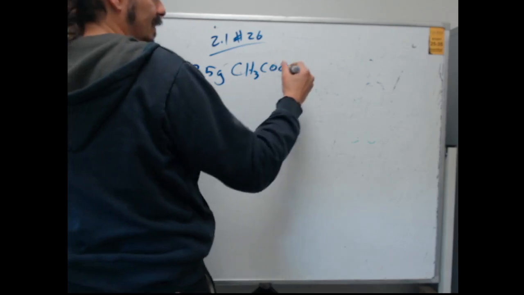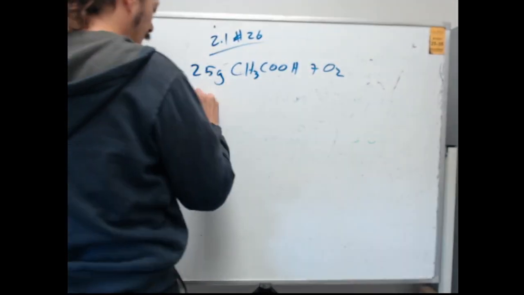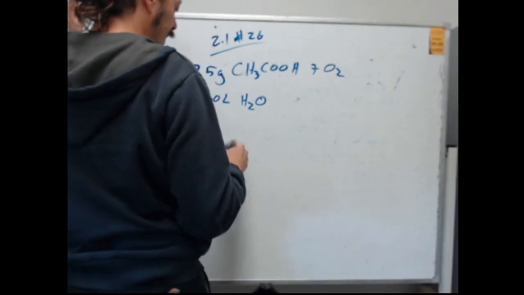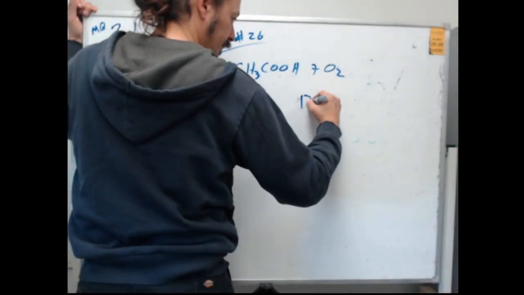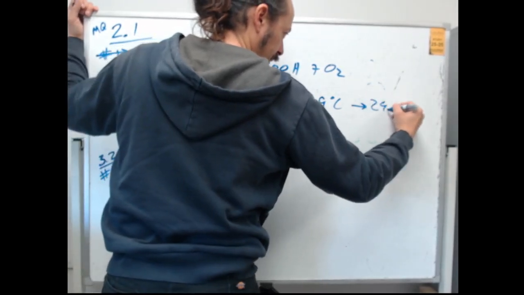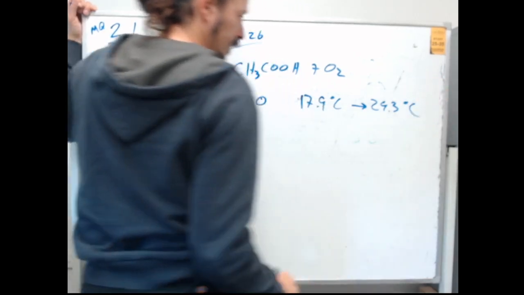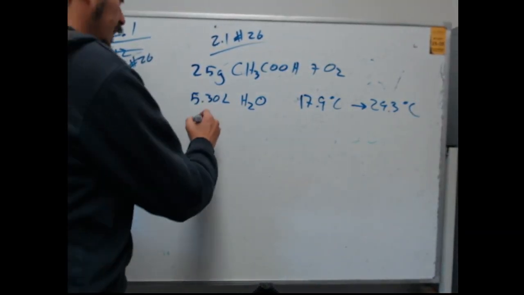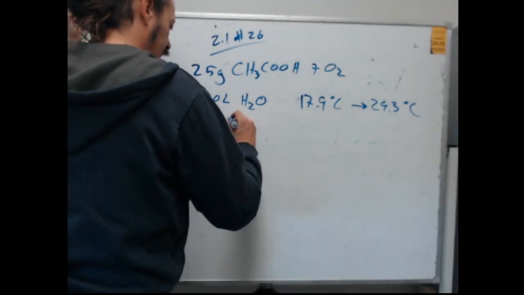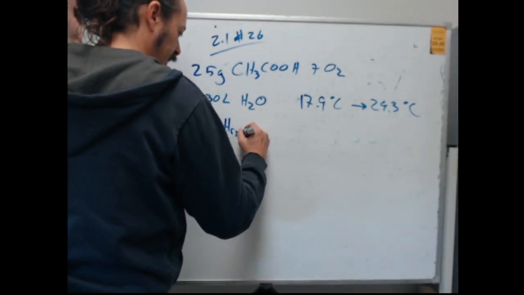It releases enough energy to heat 5.30 liters of water from 17.9 Celsius to 29.3 degrees Celsius. And then part A says to use this information to calculate the molar enthalpy of combustion for acetic acid.